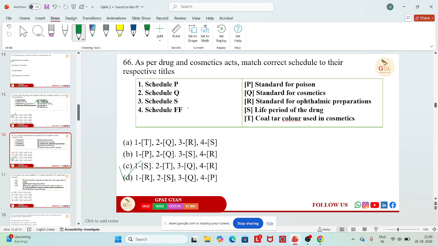And again, we can see FF is for the ophthalmic one. So between B and C, it's going to be the answer. And schedule P. P is for the life period. So what is S? So C is the answer. And Q is the coal tar color used in cosmetics, and any of the colors that are permitted to be used in cosmetics. And S is standard for cosmetics.